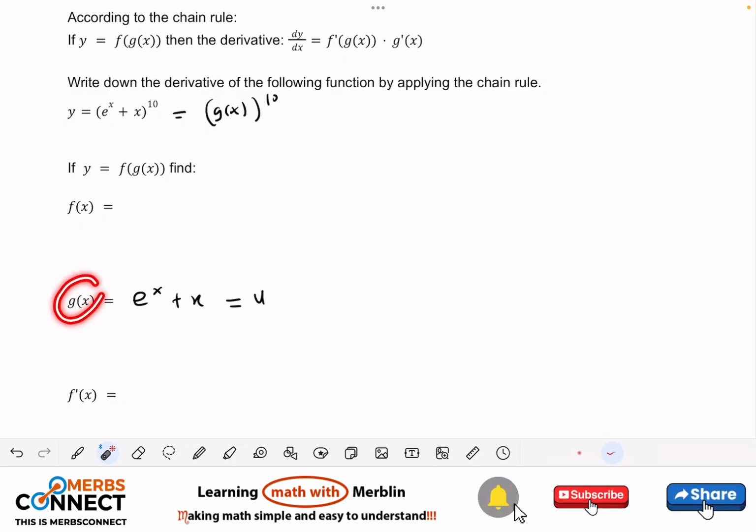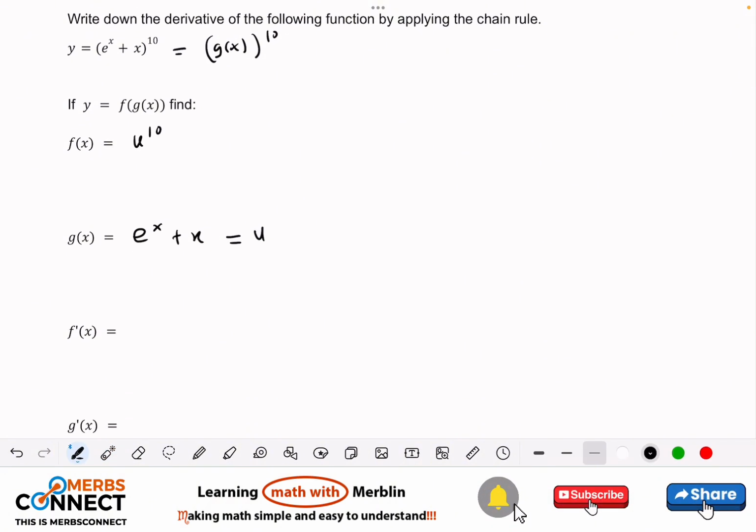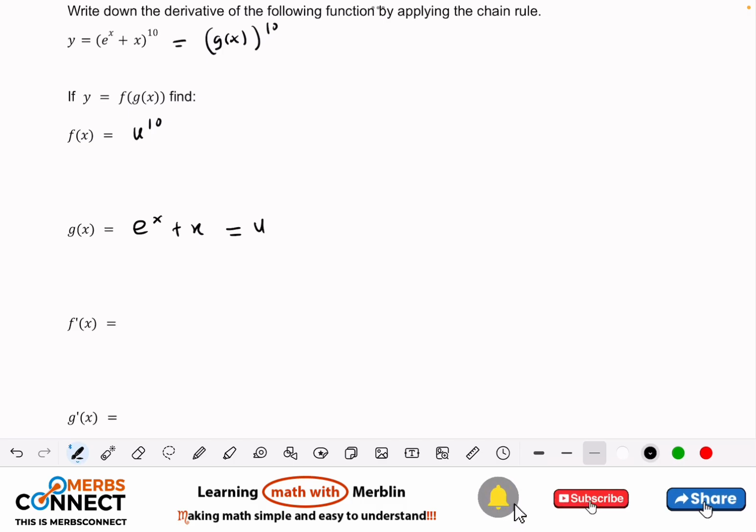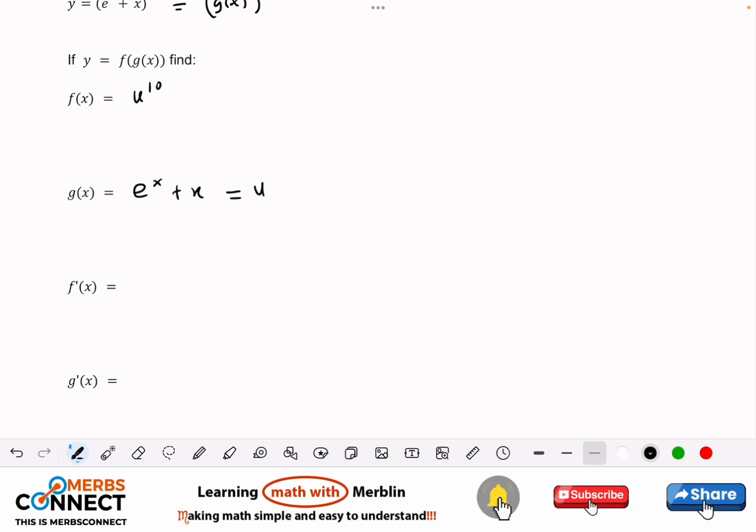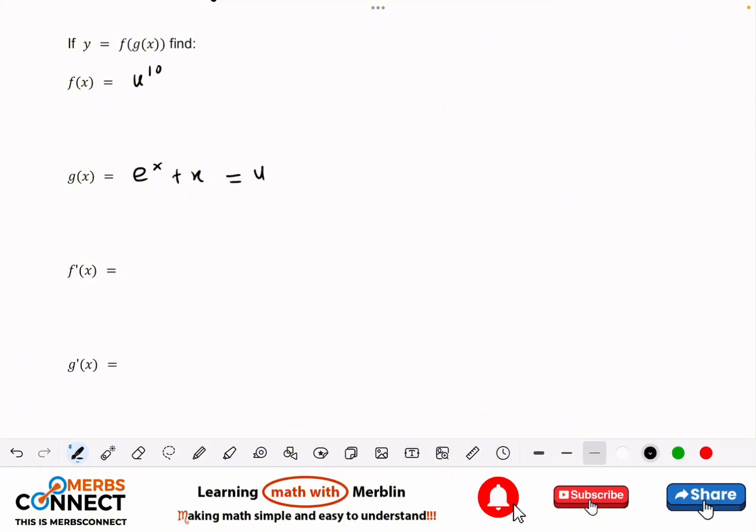So now g of x is equal to u. So in place of the g of x here, I'll put u there so that I'll have this one to be u to the power 10. Is that right? Good. So now that I have my f of x and my g of x, I can take the derivative. What will be f prime?